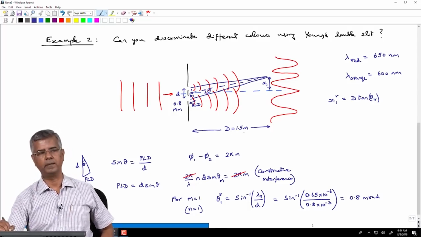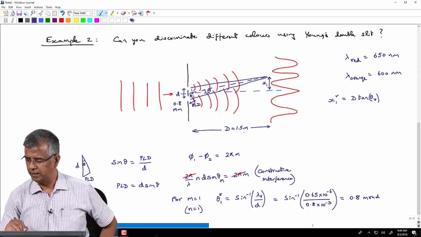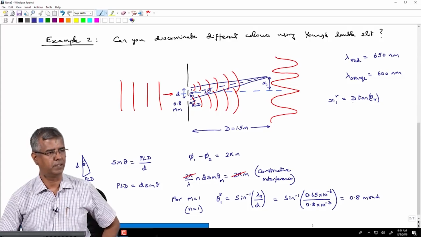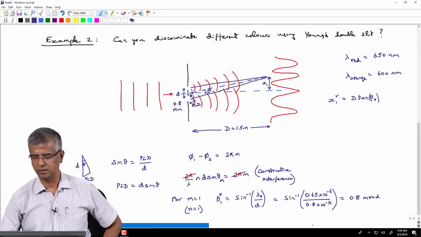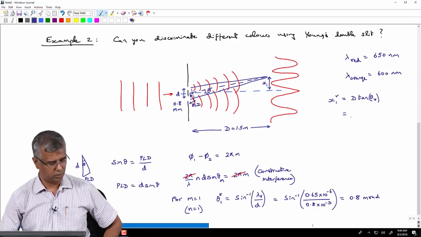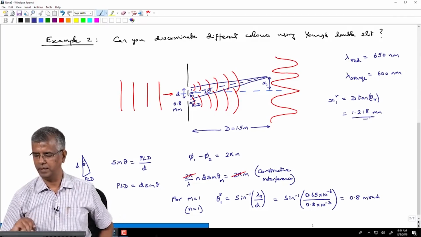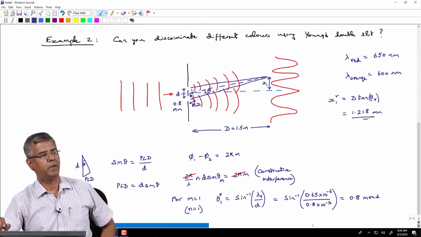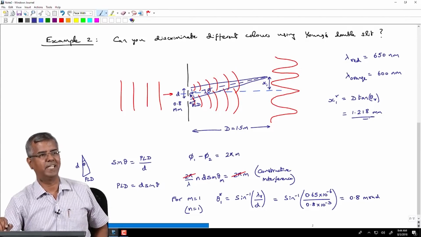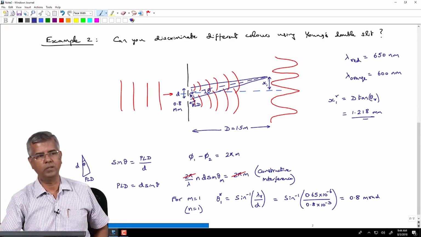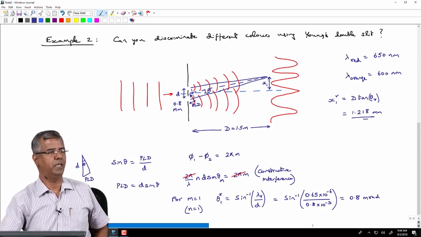So, x1 I can write as d times tan theta r, and theta r I know. And d I know, d is 1.5 meters, right. So, I can substitute both of those there, and what I get is 1.218 millimeter.